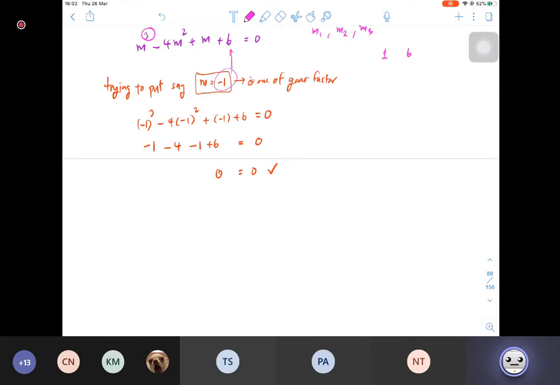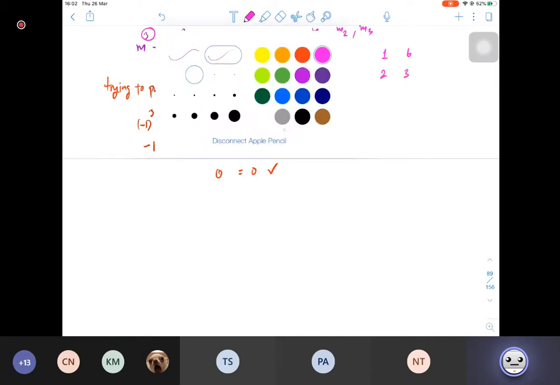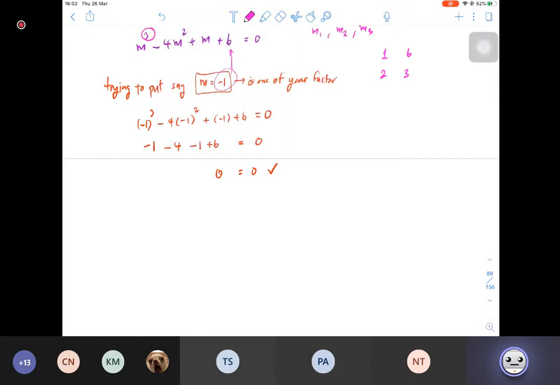For 6, you have the factors of 6 to be, let's say, 1 and 6, 2 and 3, and you might need to try plus and minus for those numbers.